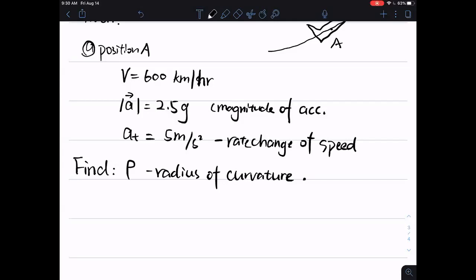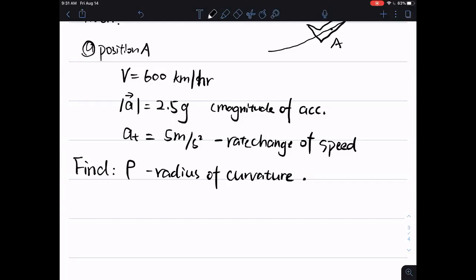If you don't see that overhead bar or arrow, they're all scalars. Here, even though you have this overhead bar and arrow, you have 2 bars, that means it's a magnitude, so that's a scalar as well. Here we want to find rho, the radius of curvature.